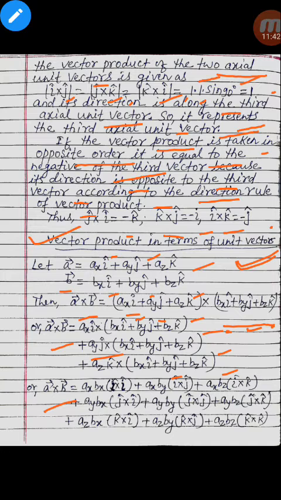Or a cross b equals ax bx i cross i, plus ax by i cross j, plus ax bz i cross k, plus ay bx j cross i, plus ay by j cross j, plus ay bz j cross k, plus az bx k cross i, plus az by k cross j, plus az bz k cross k.